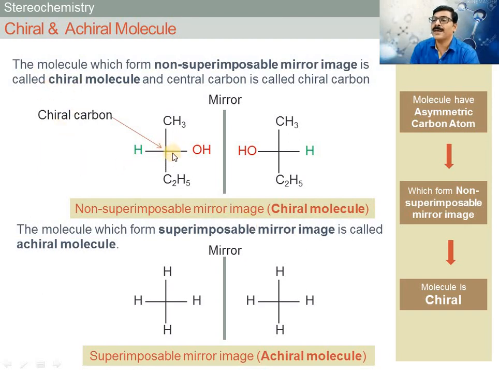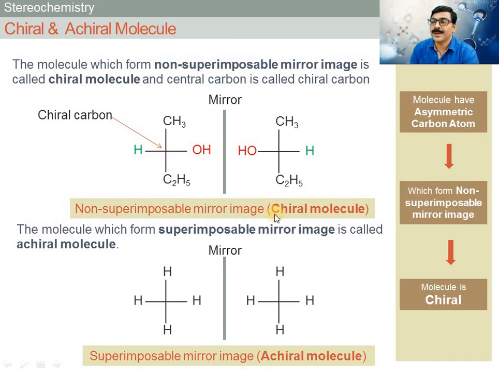2-butanol can form a non-superimposable mirror image, because if you overlap these two images, it is not identical, so it is a non-superimposable mirror image, and so the molecule is a chiral molecule.